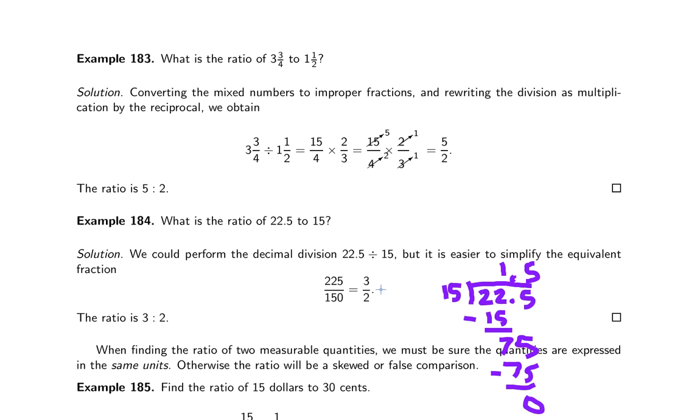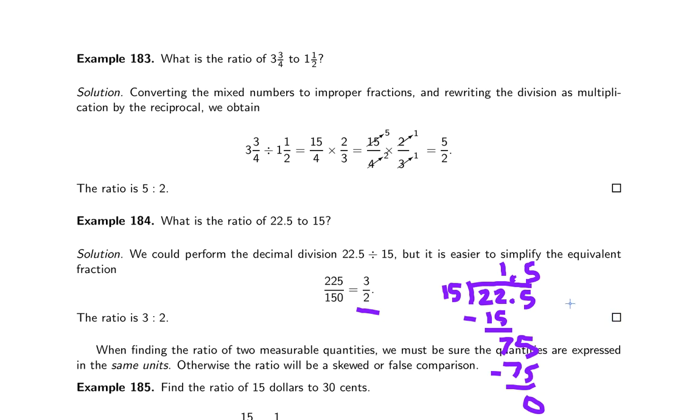That's the same as 3 over 2. But when we're dealing with ratios, it's more useful to have a fraction. If you convert 1.5 to a fraction, it's 1 and 5 over 10. That's 1 and 1/2.